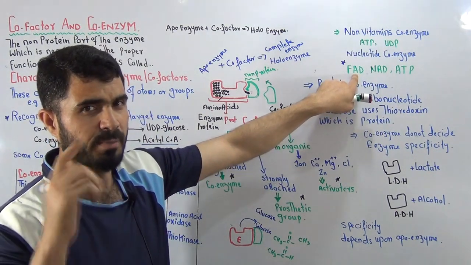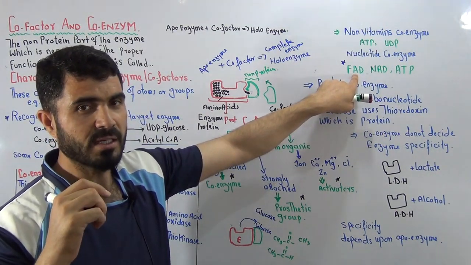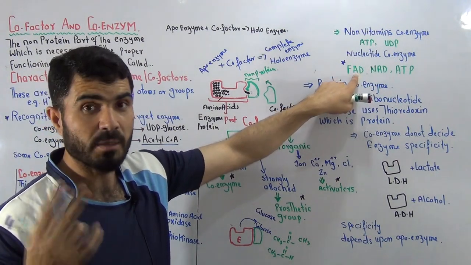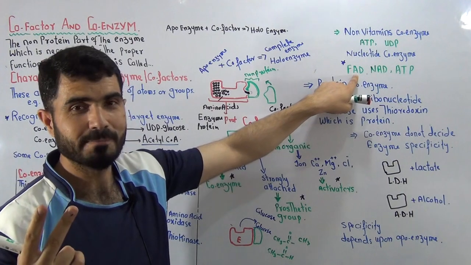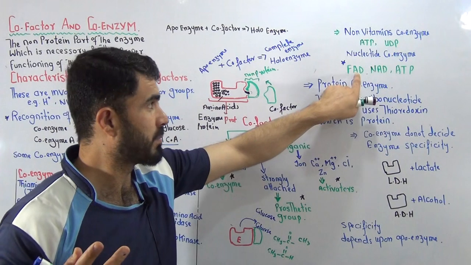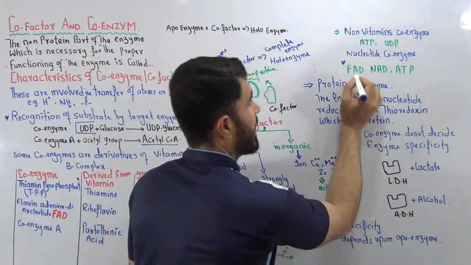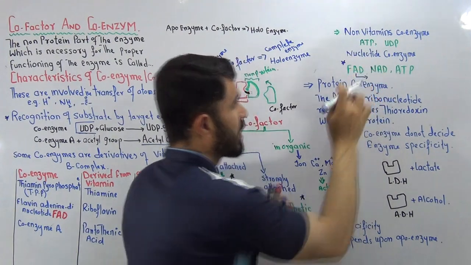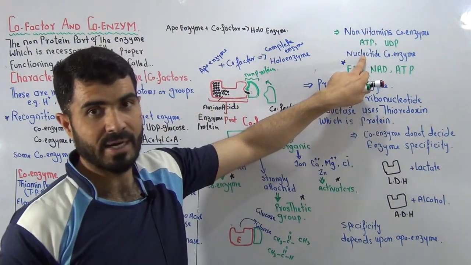Adenine is a nitrogenous base, a part of DNA, a double ring nitrogenous base. So from the adenine point of view, we will say that coenzymes are from the nucleotide as well.